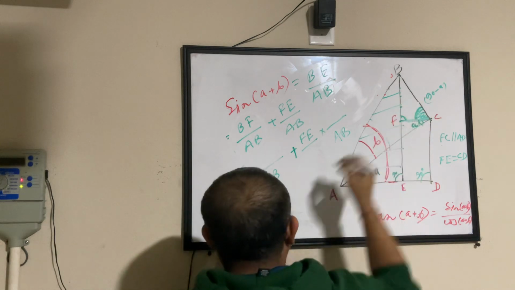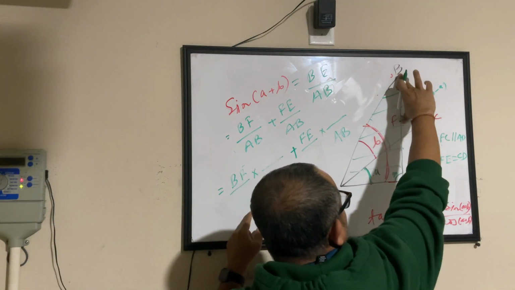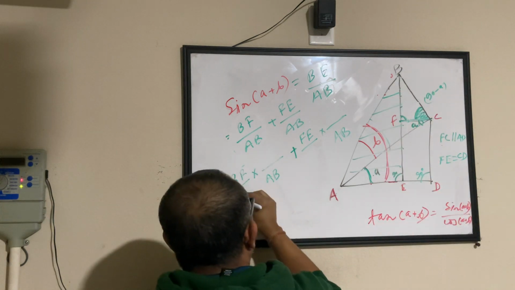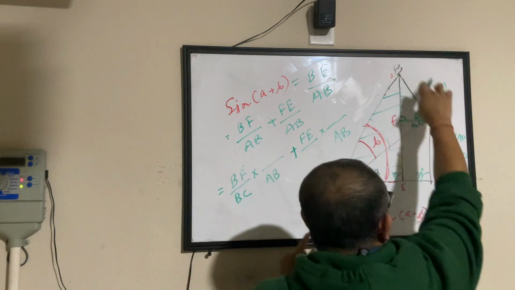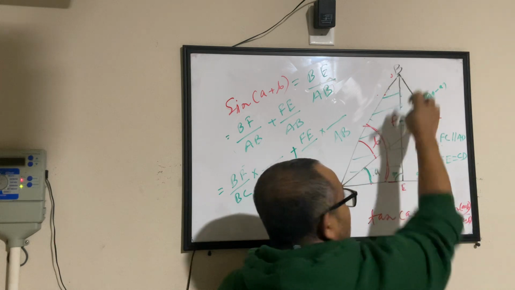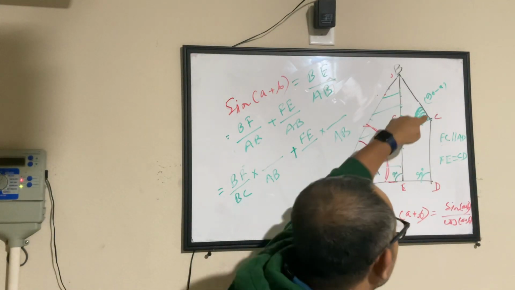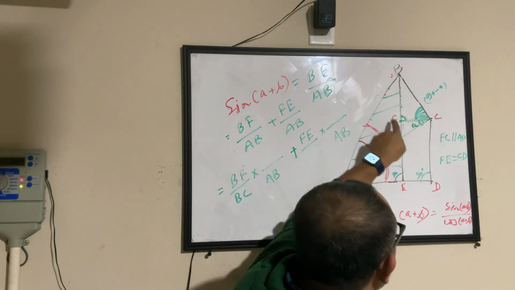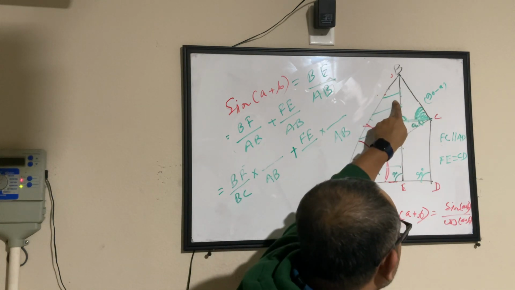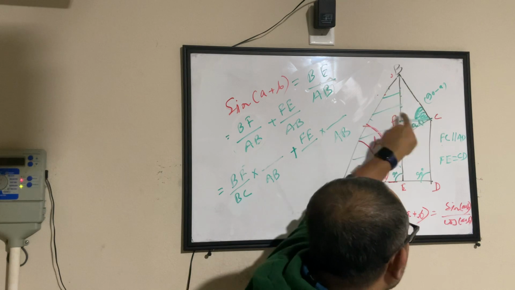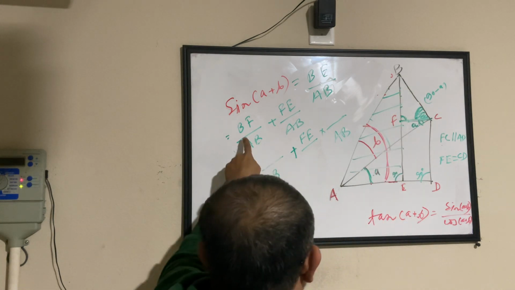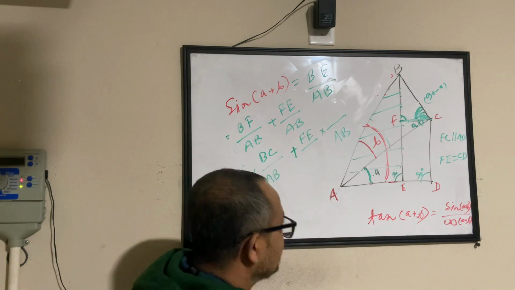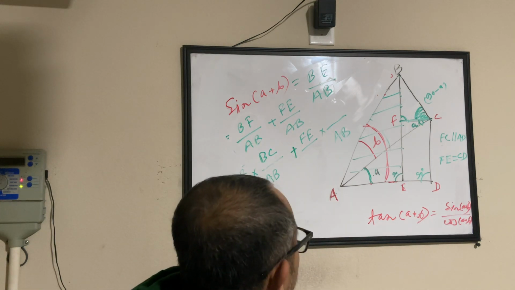BF doesn't exist by itself, so let me look at this triangle: BF by BC. If I do BF by BC, then I can bring in the sine or cos for this triangle, since I have this side and the hypotenuse. But BC was not there with us, so if I am dividing by BC here, I have to multiply by BC here, so my overall value doesn't change.